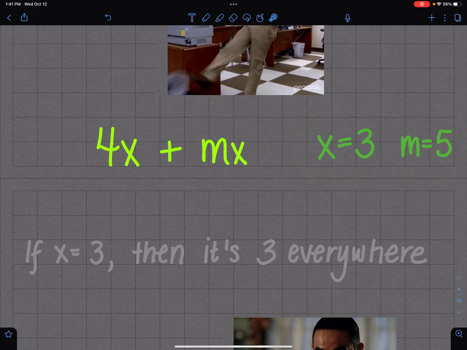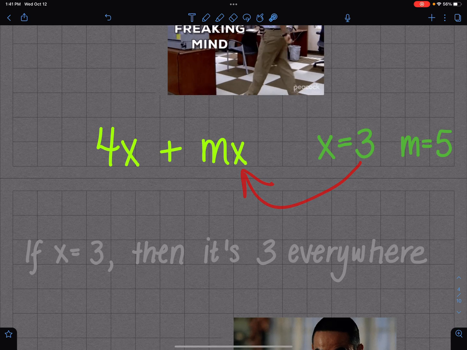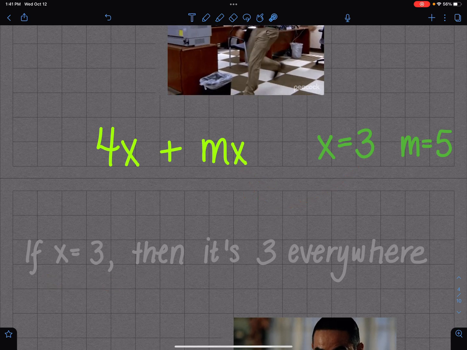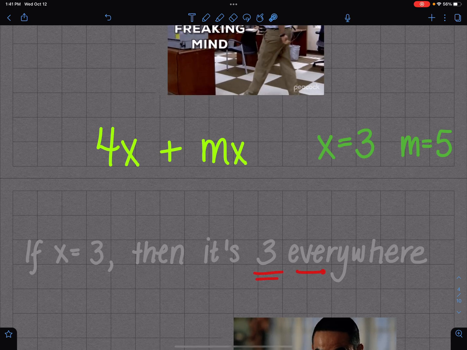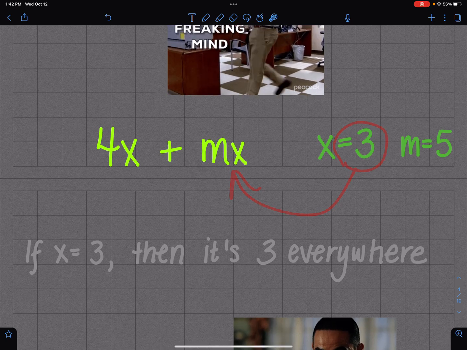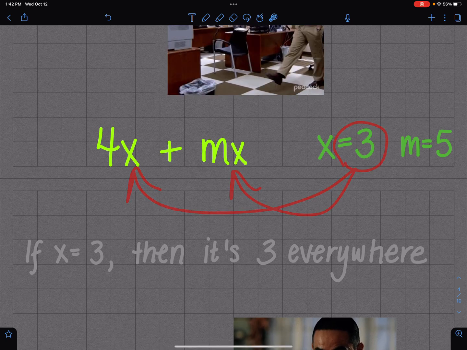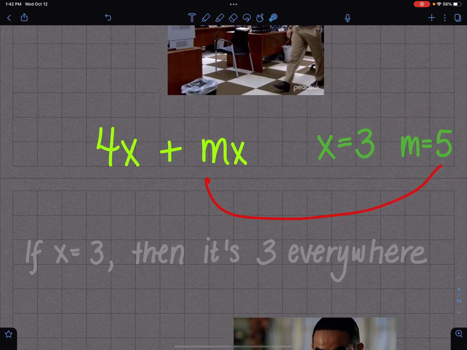We plug a 3 anywhere that there's an x, and you have to remember that if they told us that x is equal to 3, then for that problem, it's going to be 3 everywhere there's an x. So we put a 3 in here, and we put a 3 in here. Okay, and then m is equal to 5, so we're going to plug that in there.